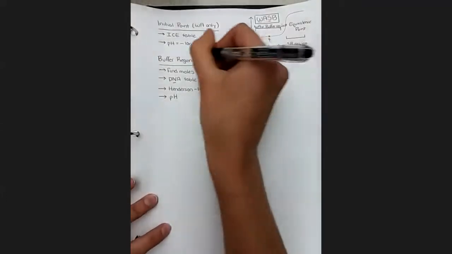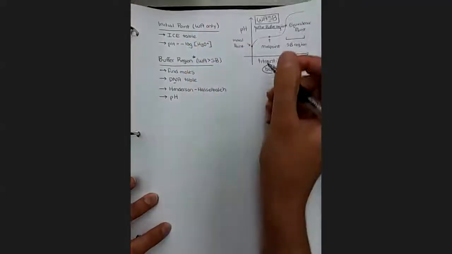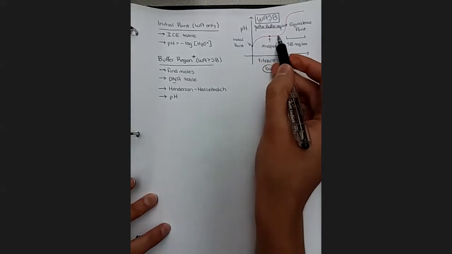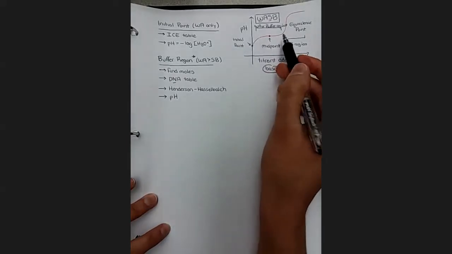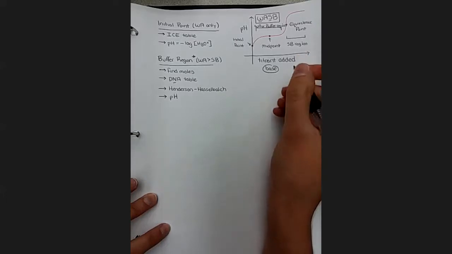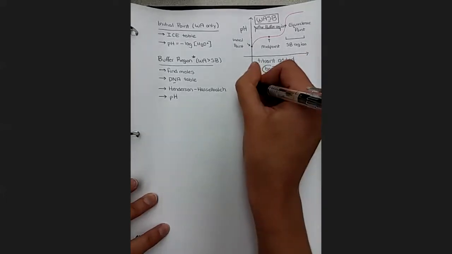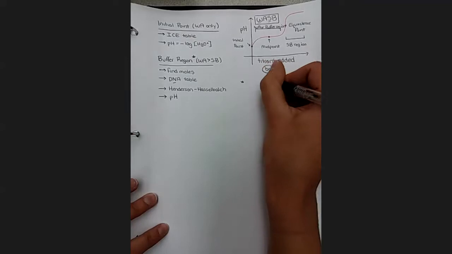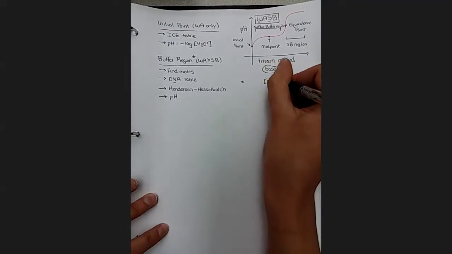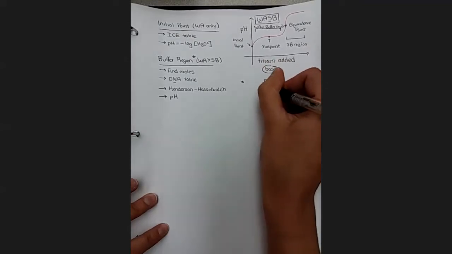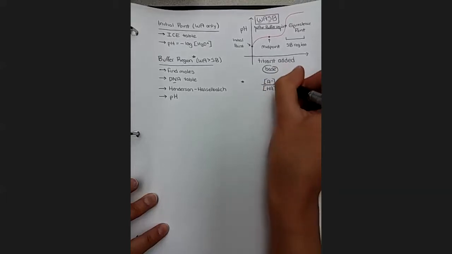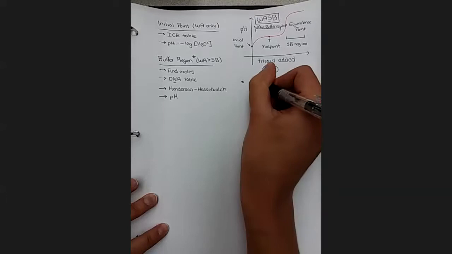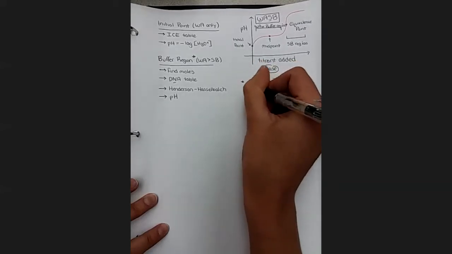And I'm also going to add an asterisk here. Technically, not this entire region is the buffer region. A little bit at the beginning and a little bit at the very end before the equivalence point is not technically in the buffer region. Remember that if it's in the buffer region, the ratio of the weak acid to its conjugate base in the solution needs to be between 10 and 1/10.